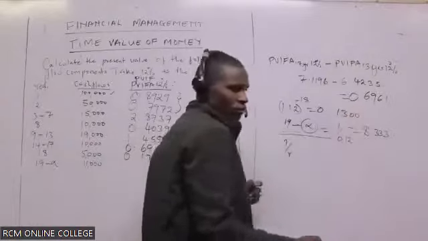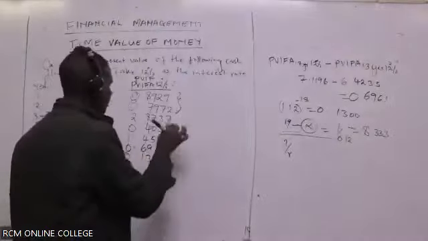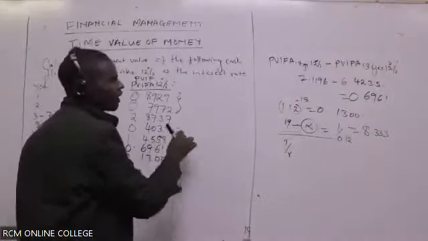0.1300. So instead of me saying 8.333 minus this minus this minus this, I just come here.